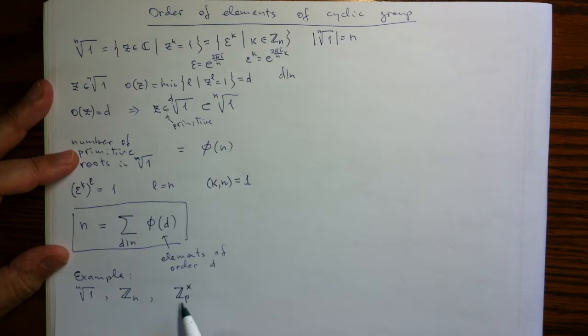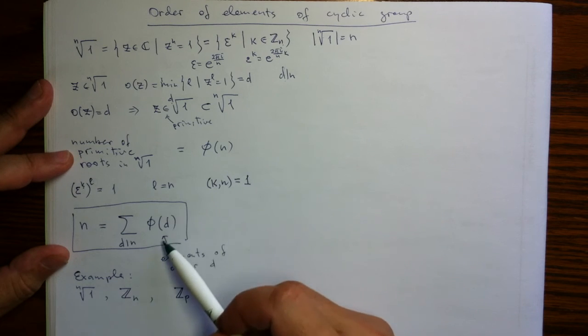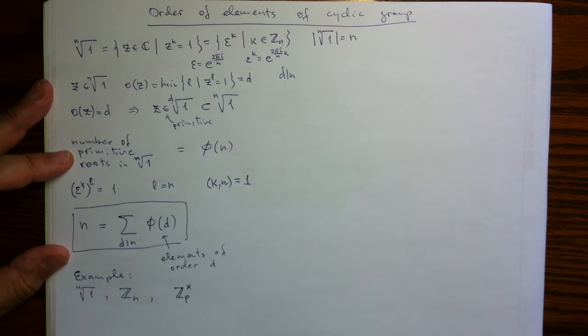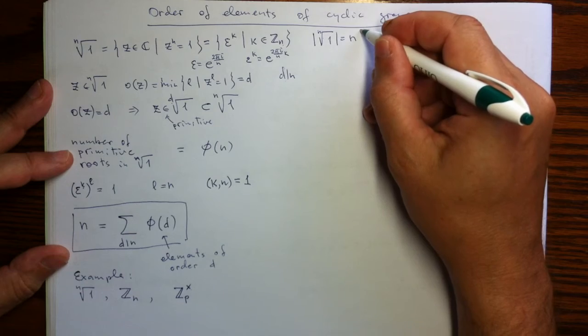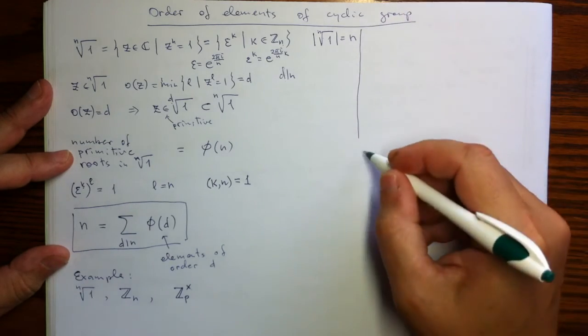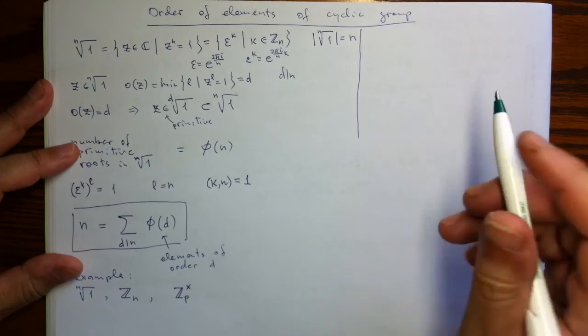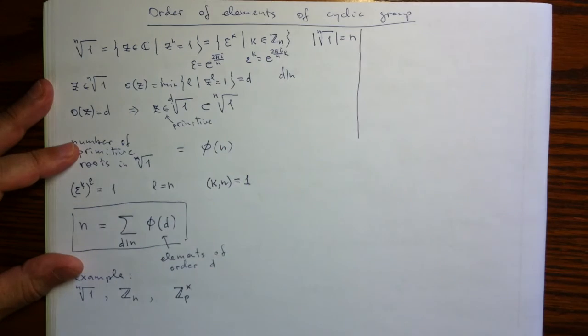So all these groups are cyclic, and then the number of elements of a given order in any of them will be given by Euler's function, and then the total number of elements will be separated among the orders in this very way.